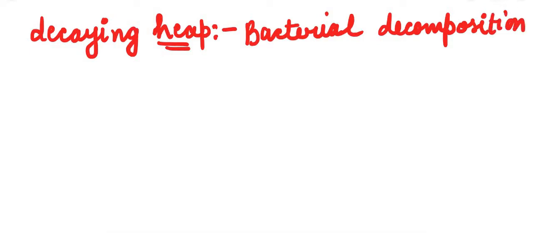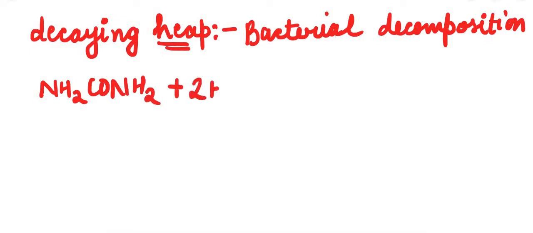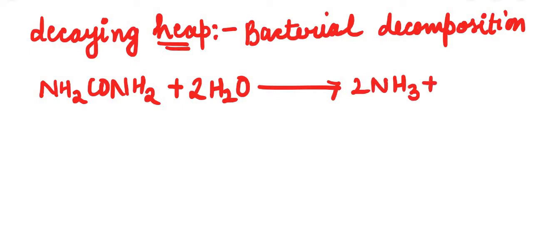Whenever we pass by a decaying heap, a pungent smell comes out from that heap, and that pungent smell is due to the bacterial decomposition of urea. When bacterial decomposition of urea occurs, it produces ammonia gas, and ammonia gas has a very pungent smell.